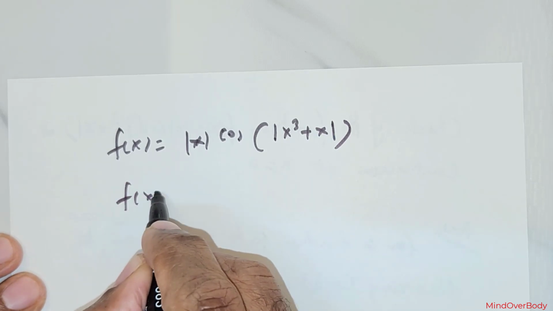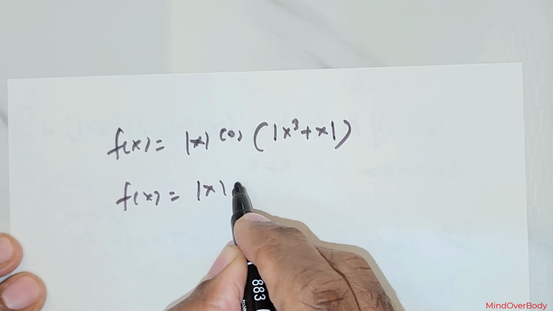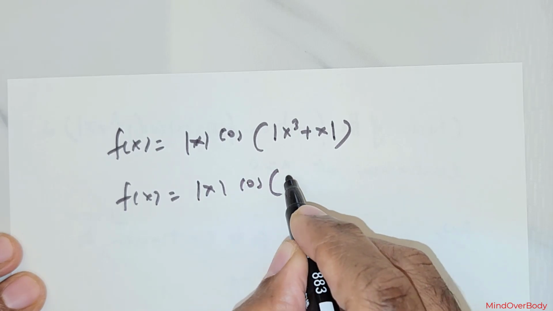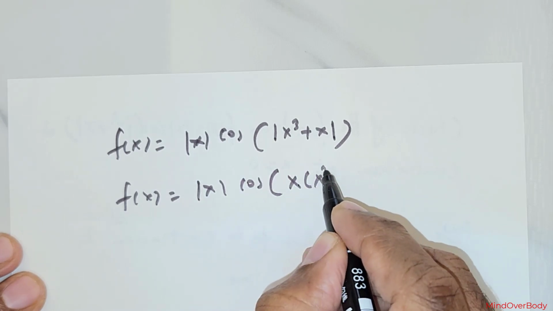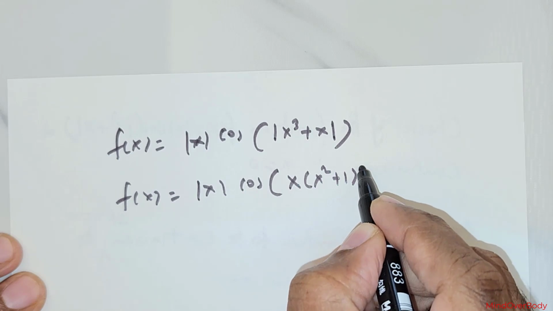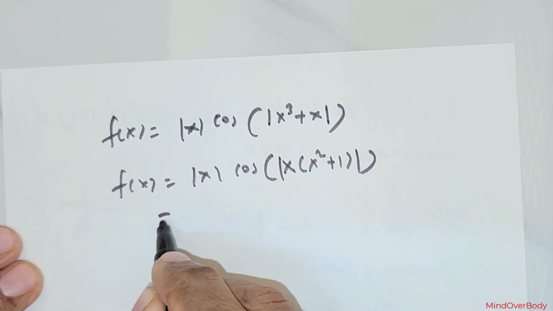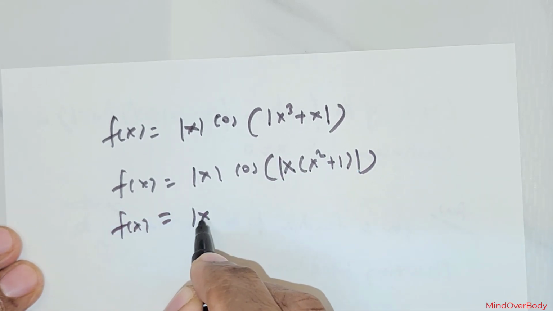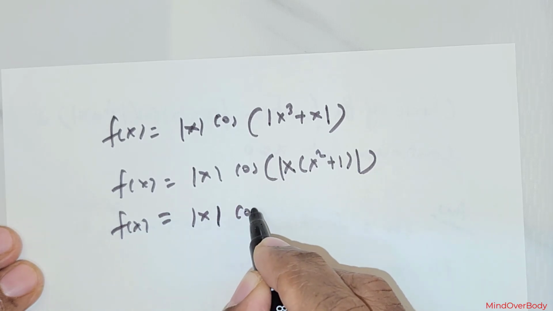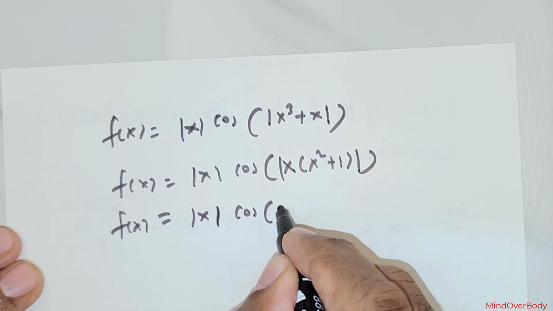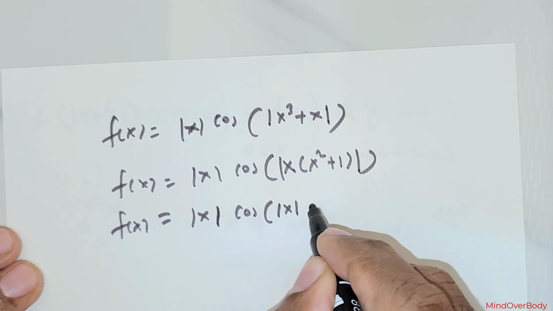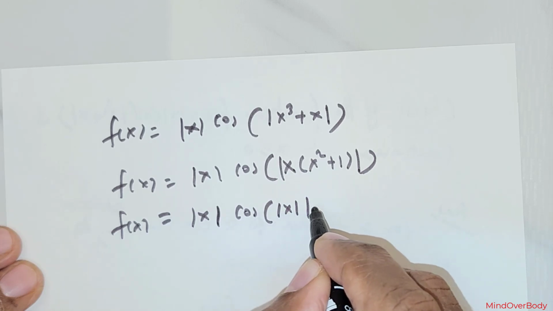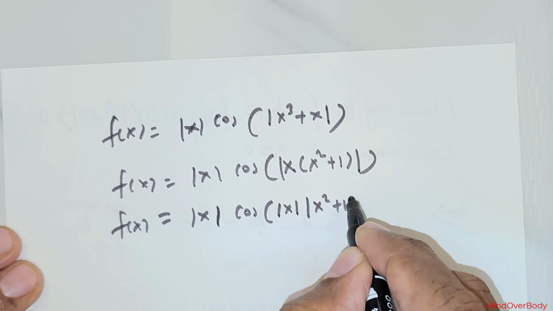I'm going to rewrite this as f of x is equal to modulus of x times cos of, I'm going to take an x out and rewrite this as x squared positive 1 within the modulus. This is further rewritten as modulus of x cos of, I'm going to take the modulus of x out and rewrite this as modulus of x times modulus of x squared positive 1.